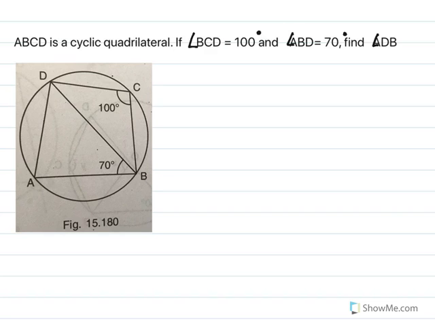Now again in this figure we have a cyclic quadrilateral, that is A, B, C, D is cyclic. So let's trace it. A, B, C, D is cyclic. Now in a cyclic quadrilateral the opposite angles are supplementary.